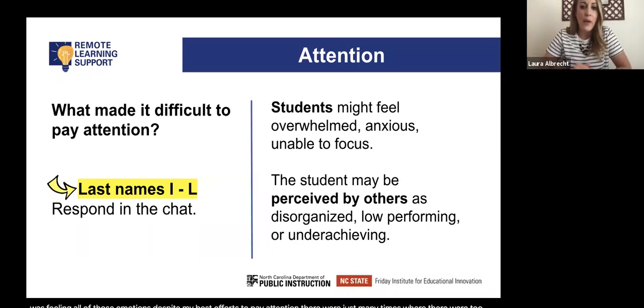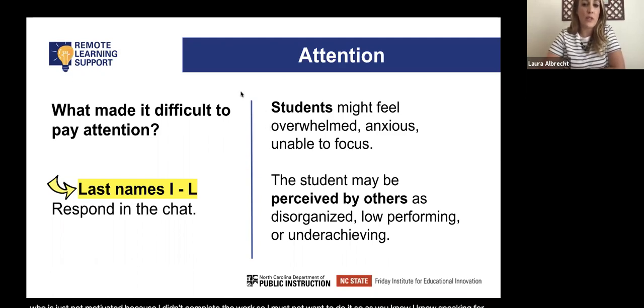When I think about how I as a student might be perceived by my teacher or by other peers, because I didn't finish the work, I might be perceived as someone who is not capable or incompetent, might be perceived as somebody who is just not motivated because I didn't complete the work, so I must not want to do it. So speaking for myself in that simulation, I couldn't focus. I could not pay attention.